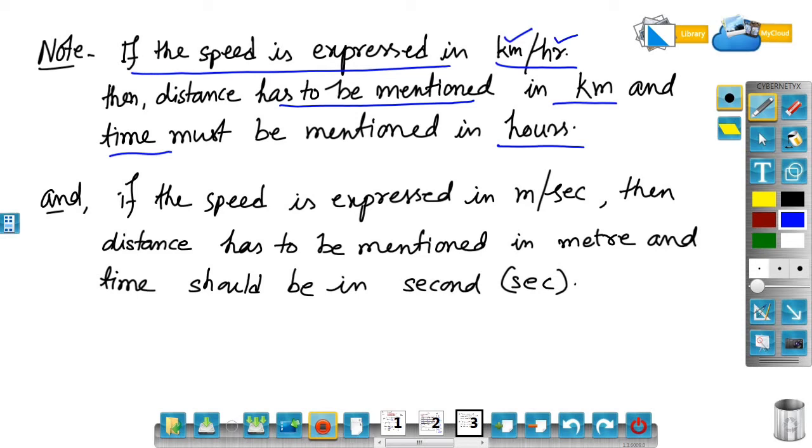And also, if the speed is expressed in meter per second, then the distance has to be mentioned in meter and the time in second. Clear? These three topics clear for everyone? Okay, you can memorize them, and obviously these notes can also be written.